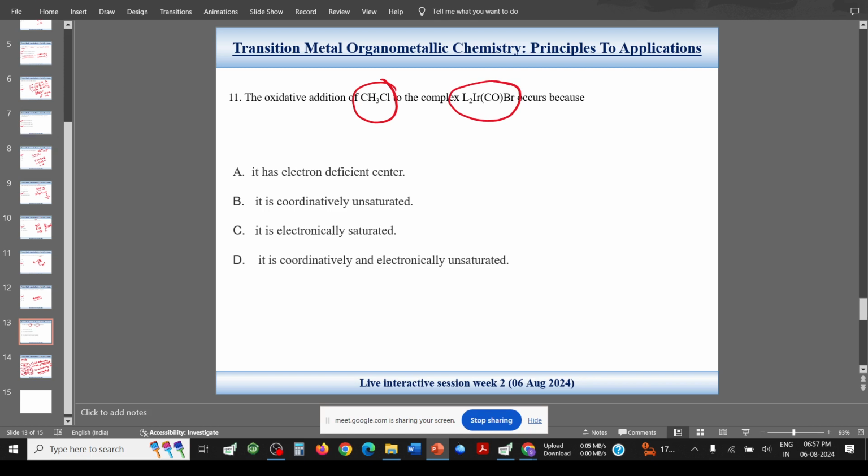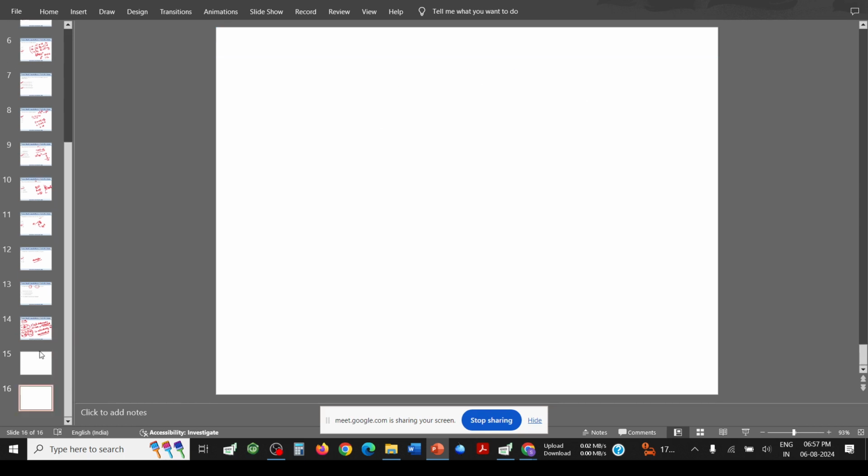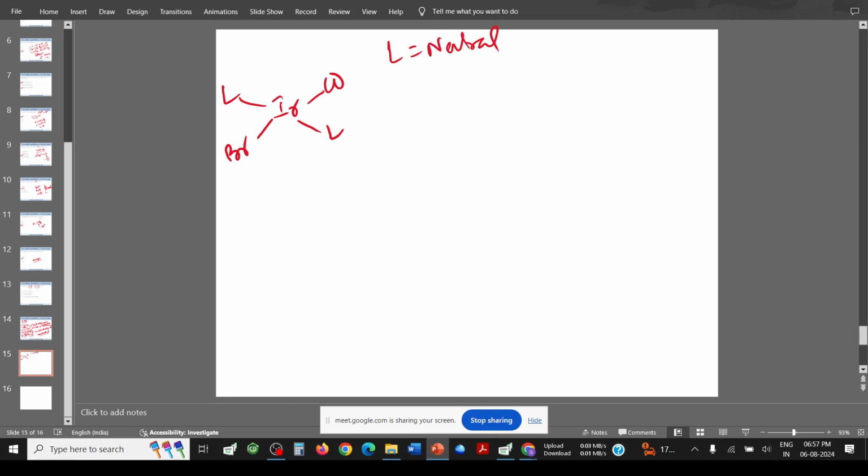So we have Ir, CO, Br, L. We can say that L is a neutral ligand. Okay, so L is neutral. Then what is the oxidation state of iridium?